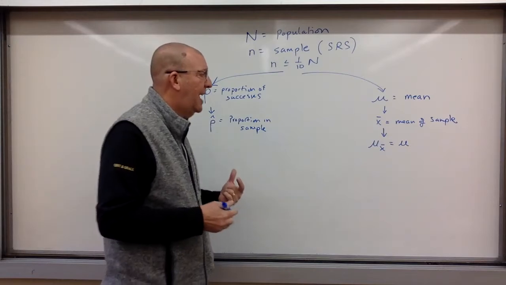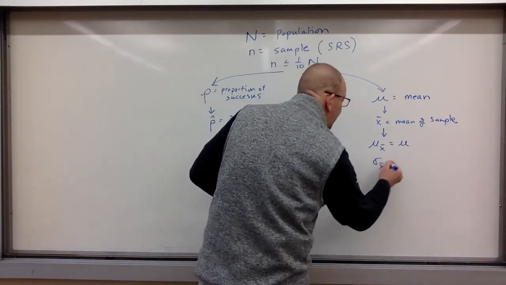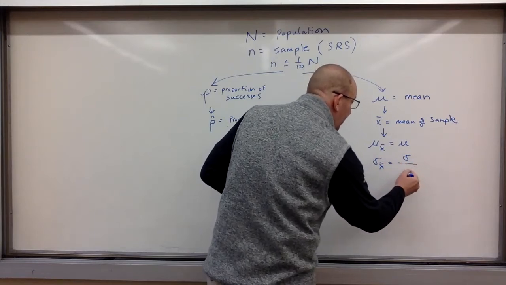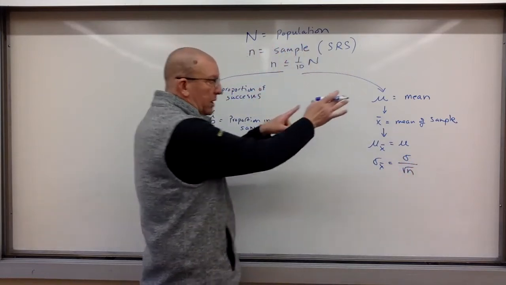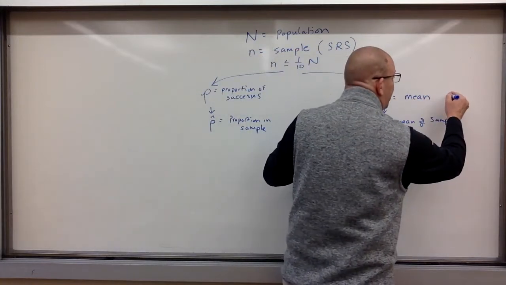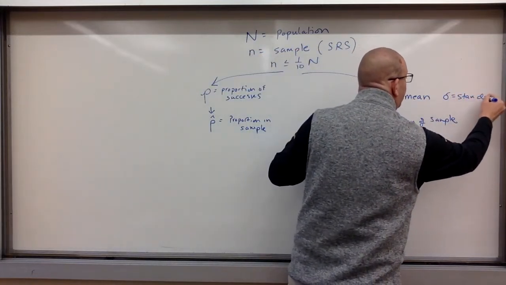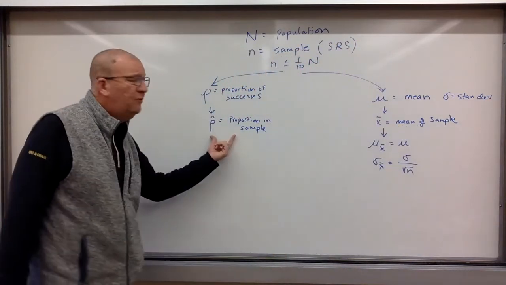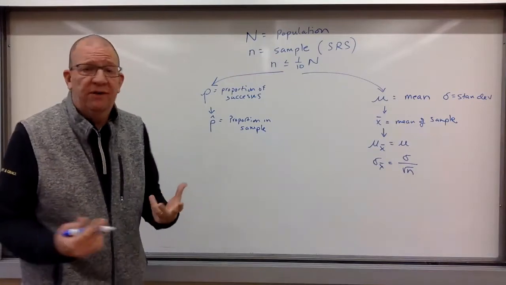here's the other thing that happens, though. The standard deviation of the sampling distribution is the standard deviation of the population divided by the square root of n. When we calculated this mean, generally in these introductory problems, we're also going to have a standard deviation. Same thing over here. We're going to take repeated proportions.